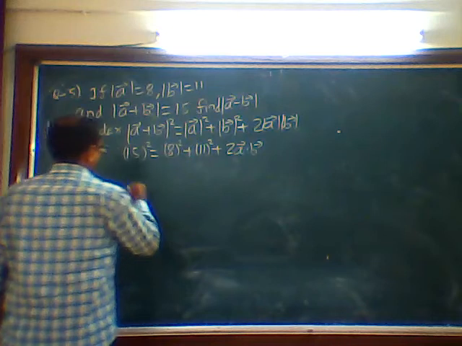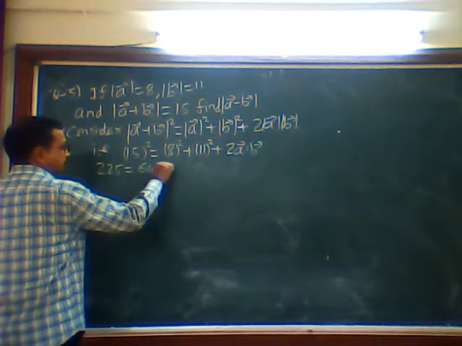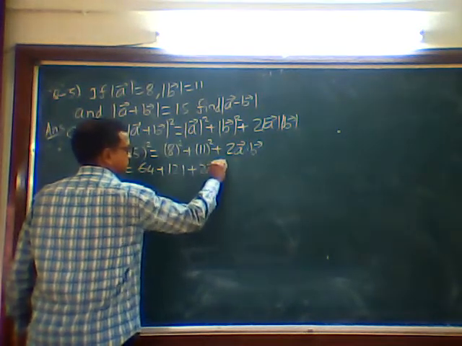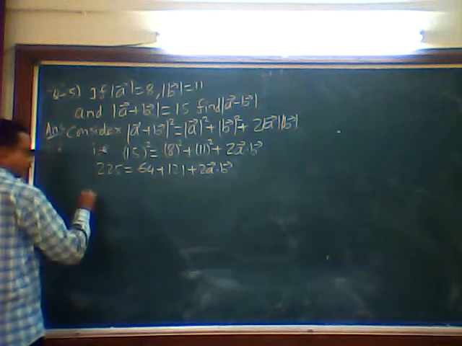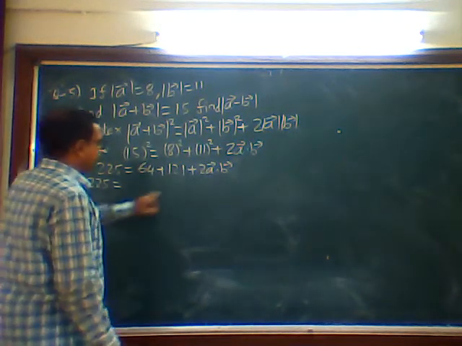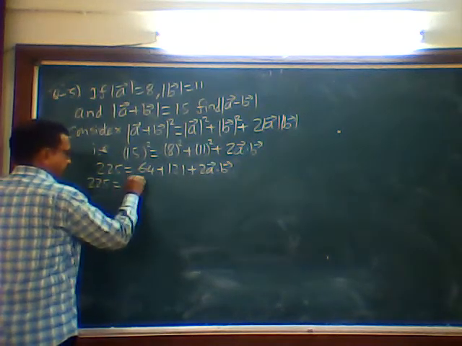So 15 square is 225. 8 square is 64 plus 11 square is 121, so 185.